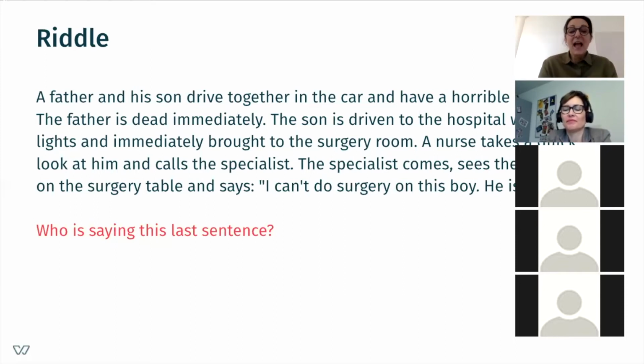Okay. When I read this the first time, I didn't get to the answer, and I know many other people don't either, because the unconscious biases we have are also represented in language. What happens here is that you read this riddle and you come over the sentence that calls the specialist.